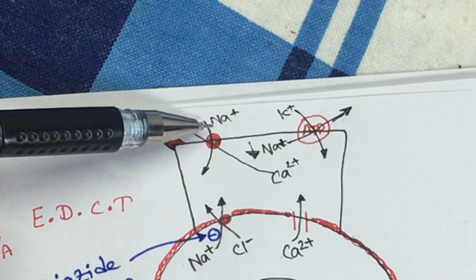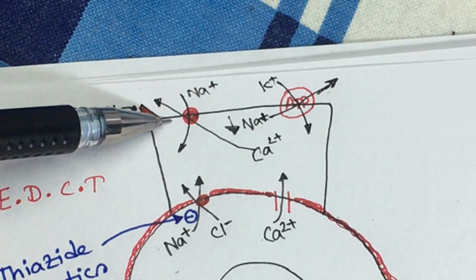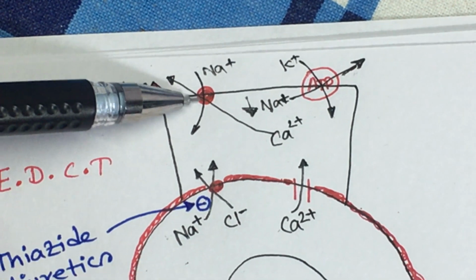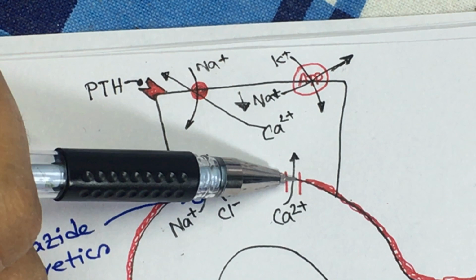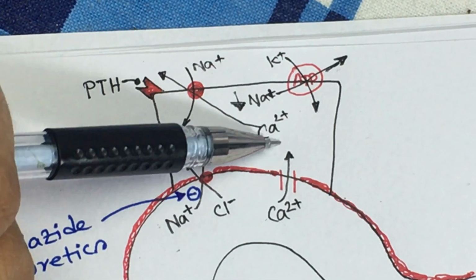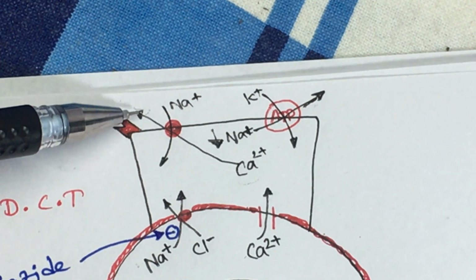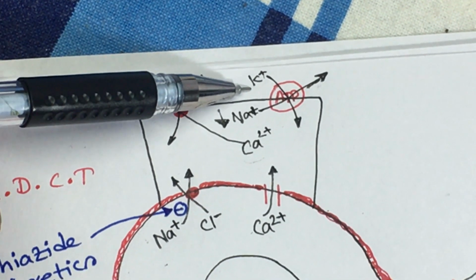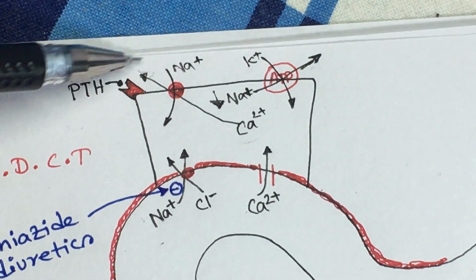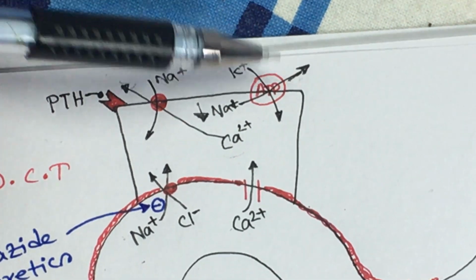By using this energy, the calcium from the cell will also be reabsorbed into our blood circulation, because this is the basal area, and in this area you also have the blood circulation.